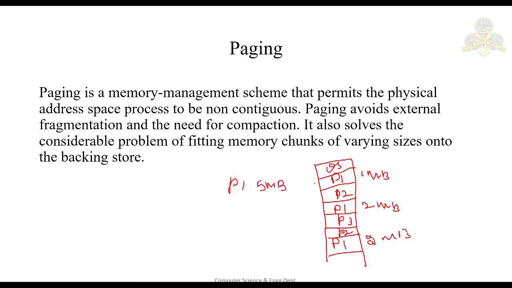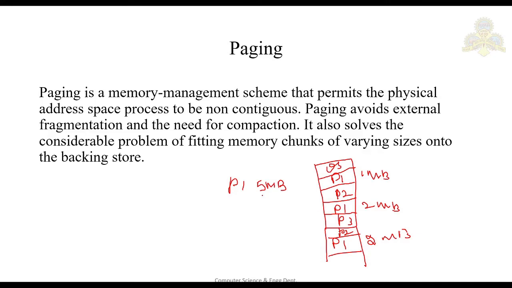But the internal fragmentation problem will exist in paging. Suppose our process P1 is of 5 MB. We will have a concept called pages and frames next. In that, your main memory would be divided into equal sized frames.